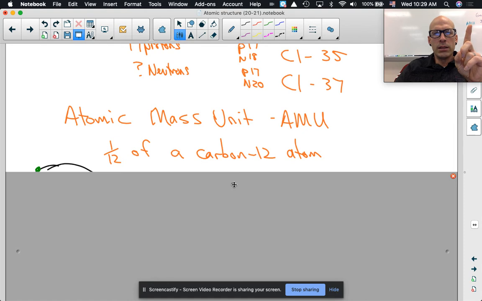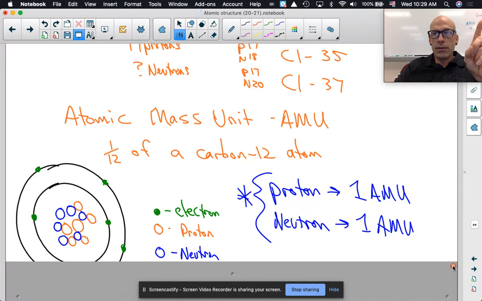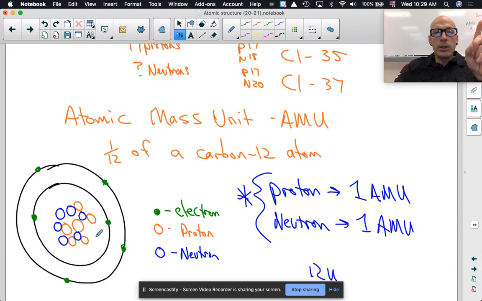What does that mean? That means if you take a carbon 12 atom, 1, 2, 3, 4, 5, 6 neutrons, 1, 2, 3, 4, 5, 6 protons, and 1, 2, 3, 4, 5, 6 electrons, that is a neutral carbon 12 atom.